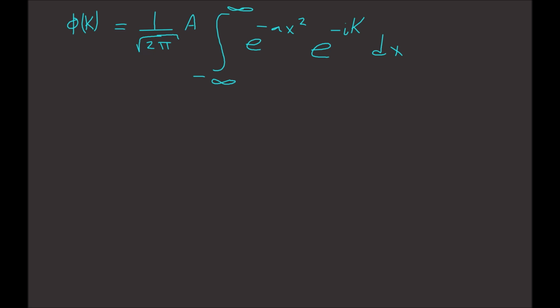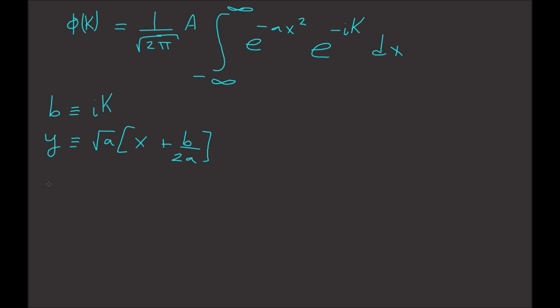Alright, so now we're gonna have to do a few things. So we have to define this variable b equals to ik. We're gonna have to find another variable y. We're gonna define it as square root of a times x plus b divided by 2a.